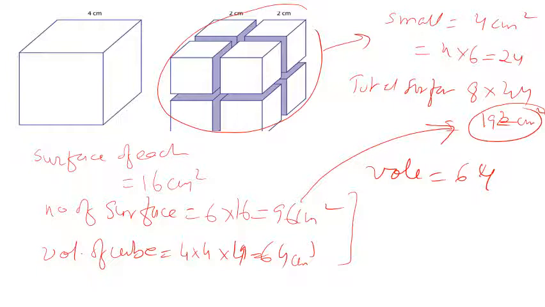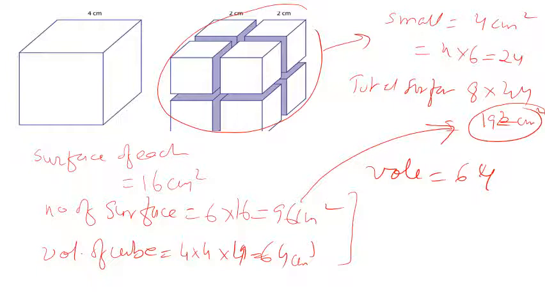This can also be checked here by the sense that on the left hand side only one cube is there, so only outer surface can be used. But if you divide this cube into 8 other cubes, the inner surface will also come out. So surface increased, and on the other side volume is still same. So that is the importance of this. The surface can be increased.